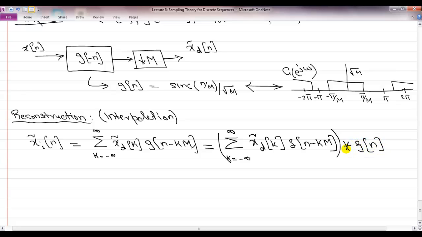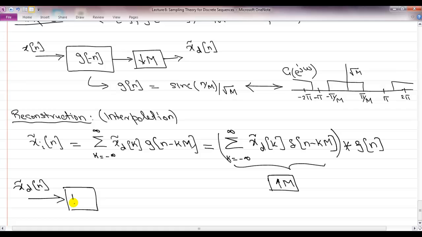We have already derived that in the general case. And this is simply the upsampling operation by a factor of m. So the reconstruction or interpolation says that you take your x tilde d of n, you do an upsampling by a factor of m, and then you simply do filtering with g of n, and you will get back x tilde in.